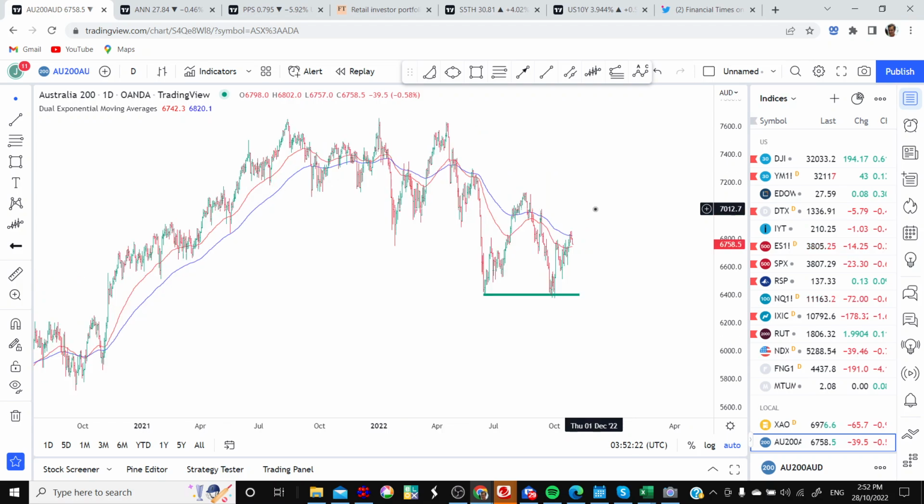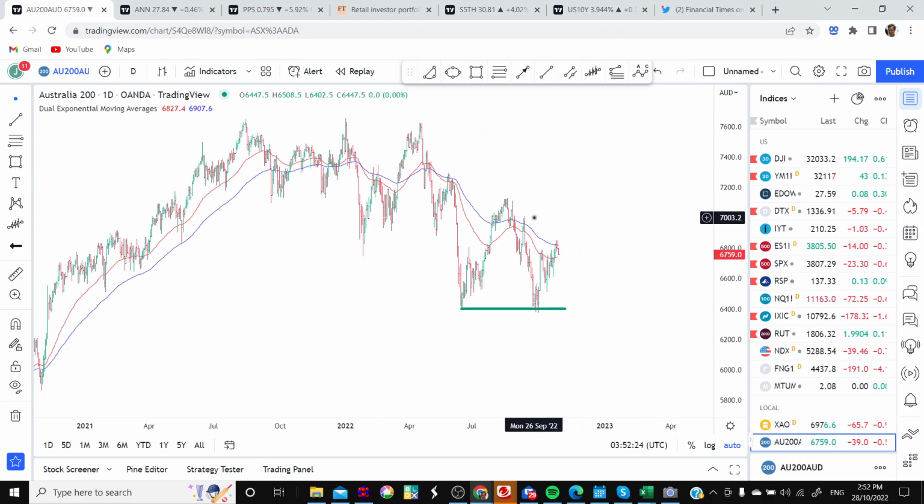I think in the environment we're currently in, stock selection is so important. Of course stock selection always matters, but especially so when the index is just moving sideways, because there are stocks within the ASX that are presenting opportunities, which are trending upwards and have been for many months.